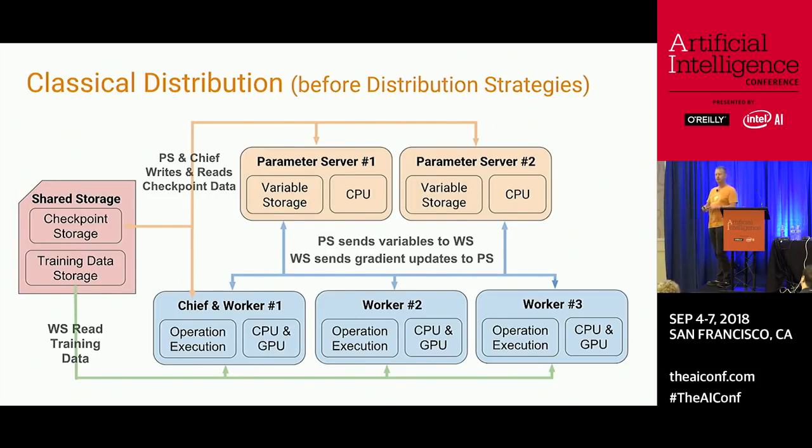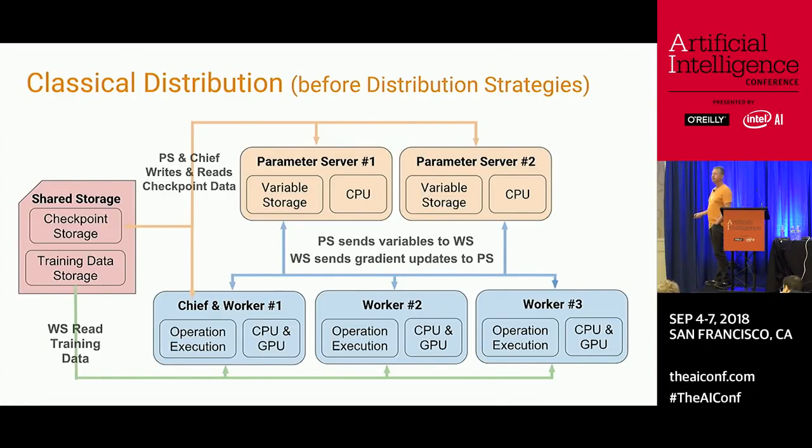The parameter servers have the updates from the other workers, so they calculate the average of the gradients and then pass all of those variables down to the workers. So it's not synchronous, right? These workers will get updates on the variables in an asynchronous fashion, which has good sides and bad sides. The good side is one worker can go out and the other workers can still execute as normal, okay? That's the way this works.